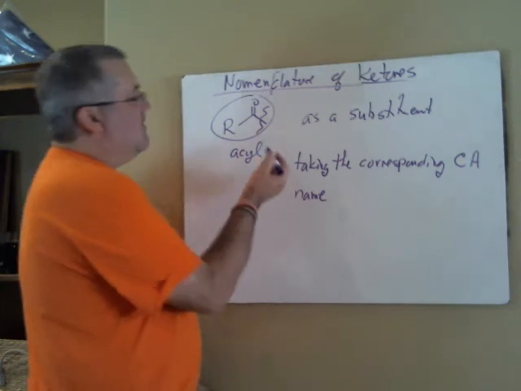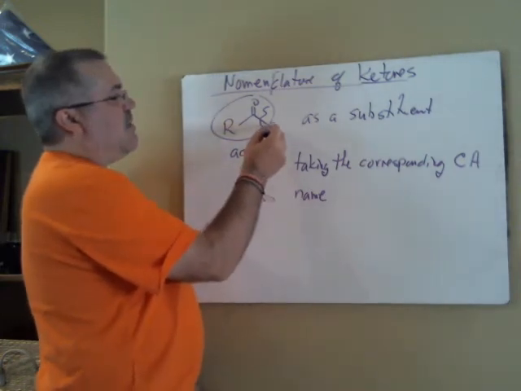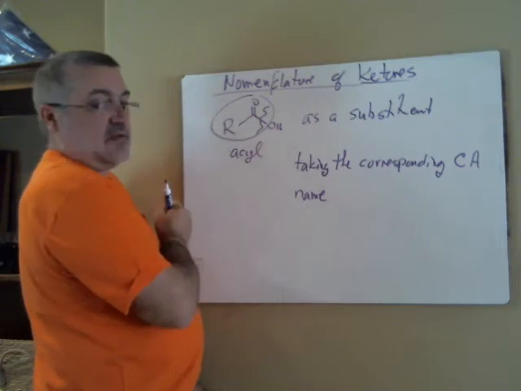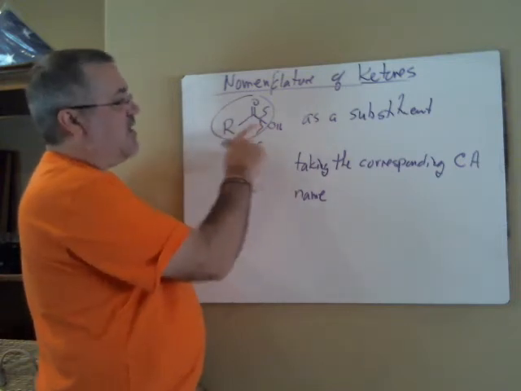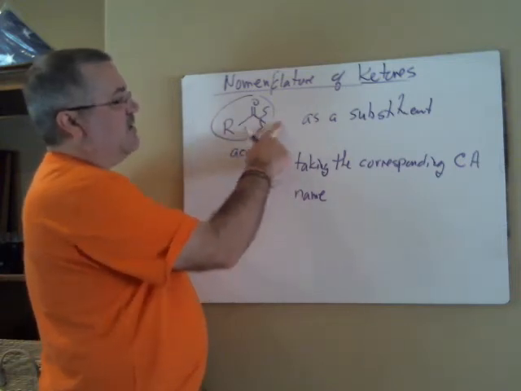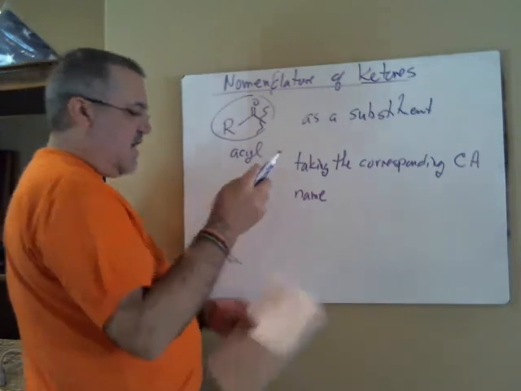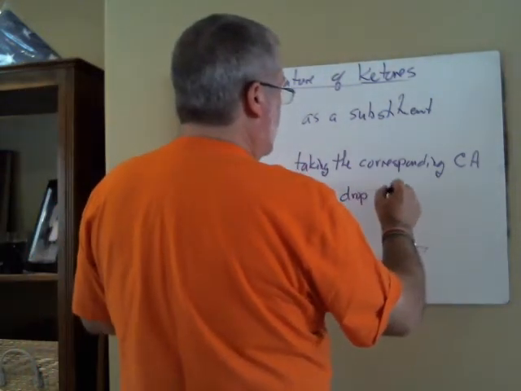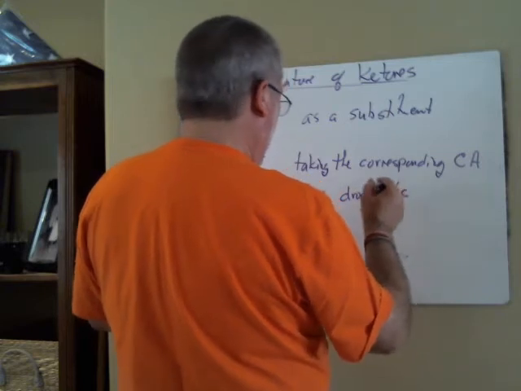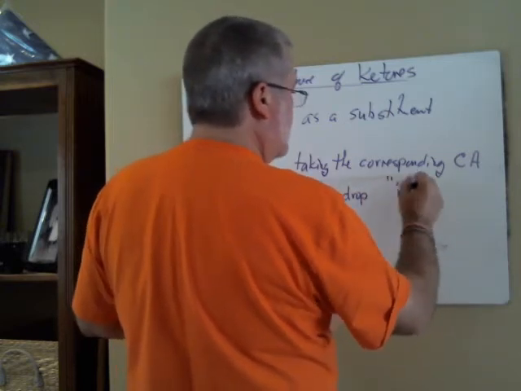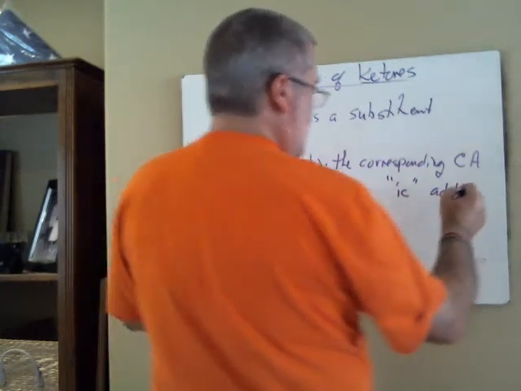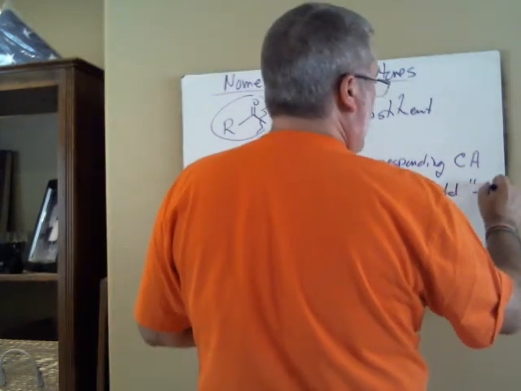And so what that basically means is if there were an OH here, okay, that's the corresponding carboxylic acid. Okay? So you take that name and you drop the ic part of the ending and you add YL.